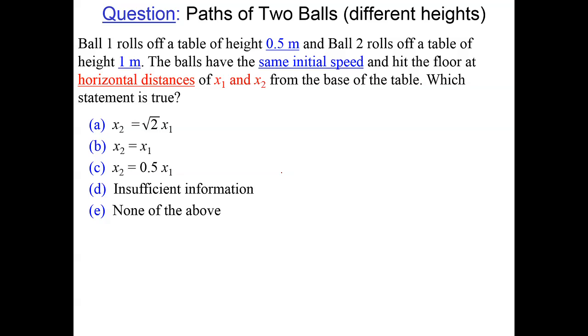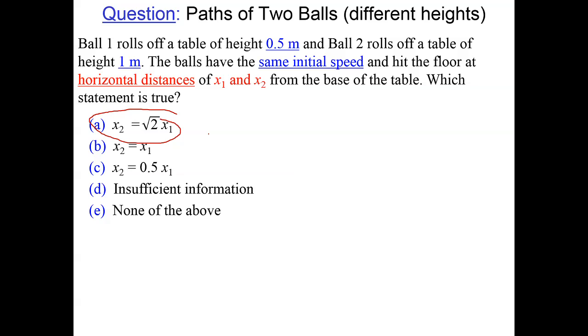Remember, the time is proportional to the square root of 2y over g, so the time in the air is proportional to the square root of the height. If we double the height, we take the square root and find that the new time will be the square root of 2 longer. The velocity is the same, so the distance will be proportional to the time. That means x2 will be the square root of 2 times x1.